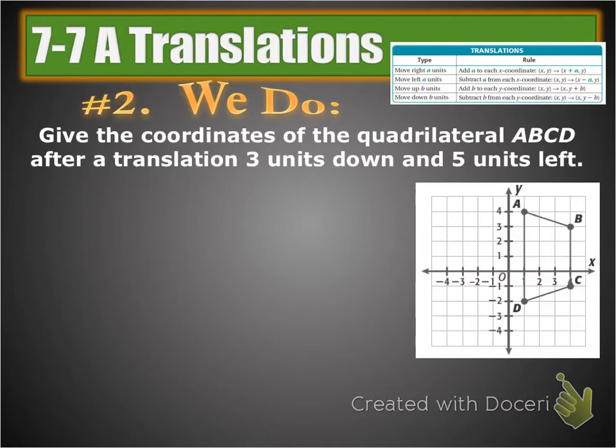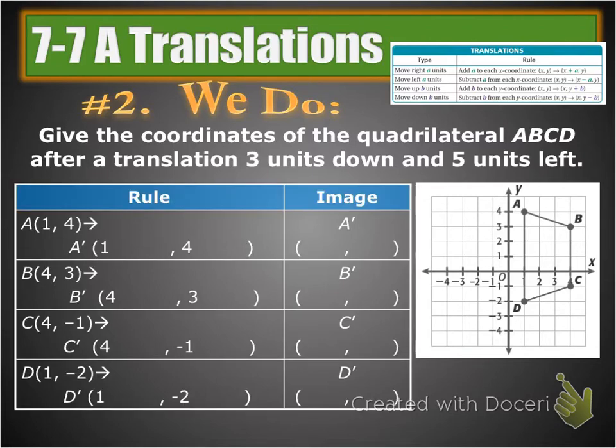So let's look at the number 2 example. Give the coordinates of the quadrilateral ABCD after a translation of 3 units down and 5 units left. Well, we've got our chart set up here, and I just said that I'm moving 3 units down. If I look at my little chart here, moving down 3 units, I would subtract 3 from my y.